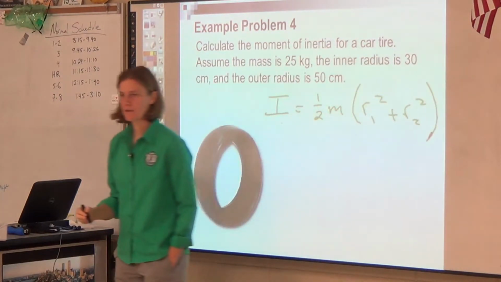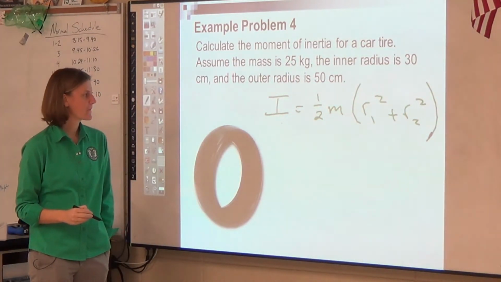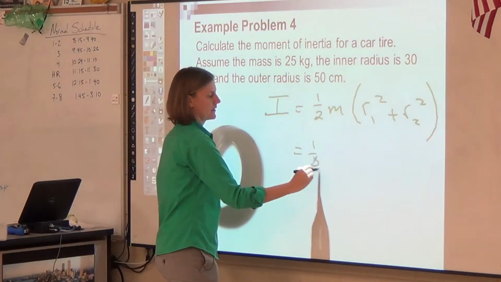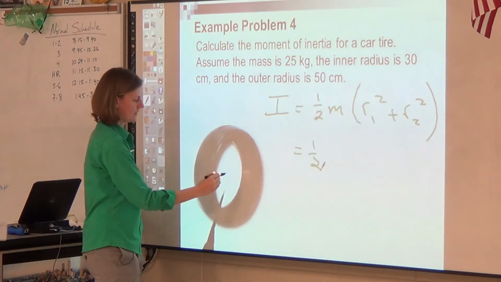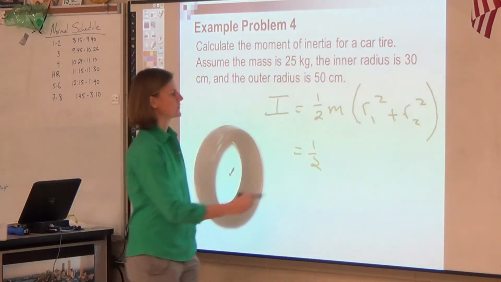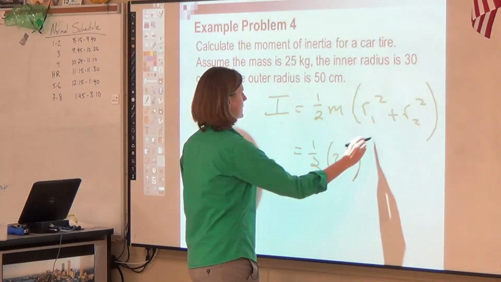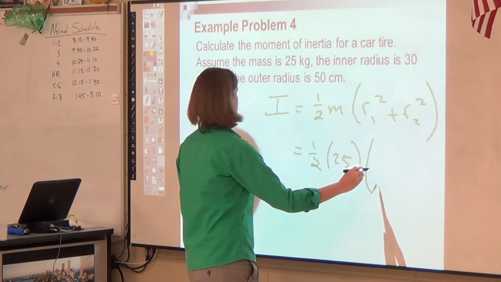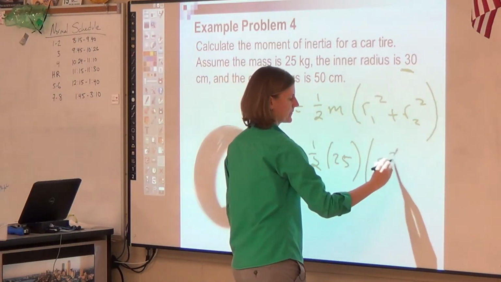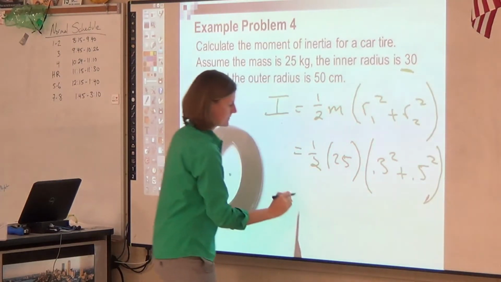But when you have the 2 radii, that's the formula you're going to use: 1/2 m (r1 squared plus r2 squared). And then just watch your units. Centimeters, of course, factor of 100, so move that decimal twice.